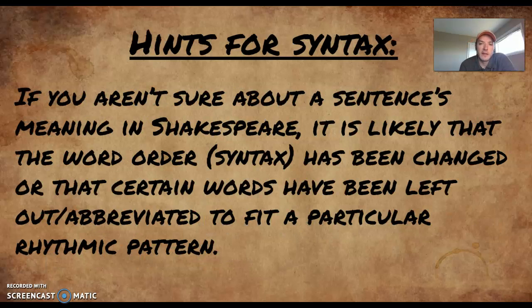So, hints for syntax. If you aren't sure about a sentence's meaning in Shakespeare, it is likely that the word order has been changed or that certain words have been left out or abbreviated to fit a particular rhythmic pattern. Remember what we said earlier, Shakespeare wrote in iambic pentameter, meaning he needed to follow certain patterns, and therefore he would mess with word order in sentences.